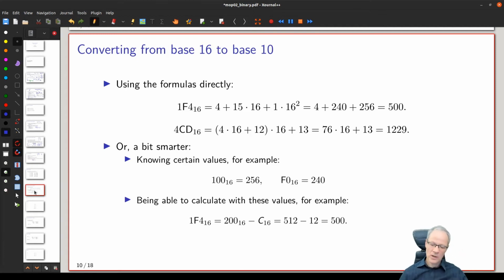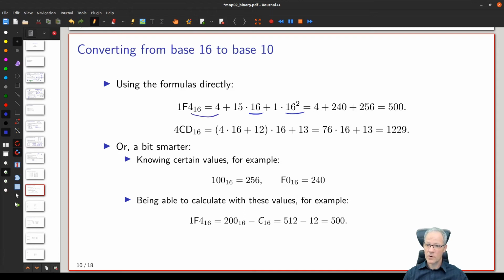Now, we know how to convert from any base to base 10. In the beginning of this class, we did that already, right? And if we look at the hexadecimal system, there's nothing really different with that. So again, we have base to the various powers, 1F4.